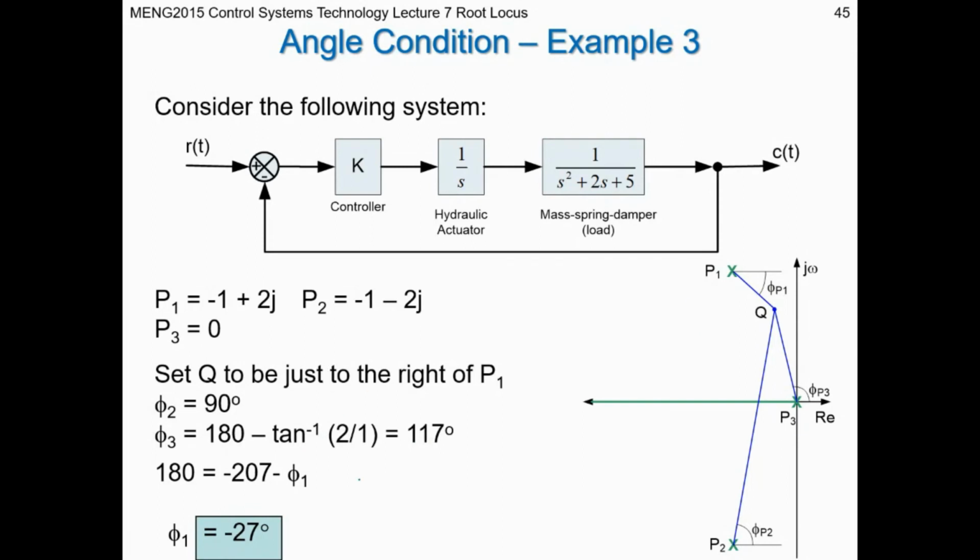Then applying our angle condition, we get minus 27 degrees angle of emergence. So it's going to come out somewhere like this.